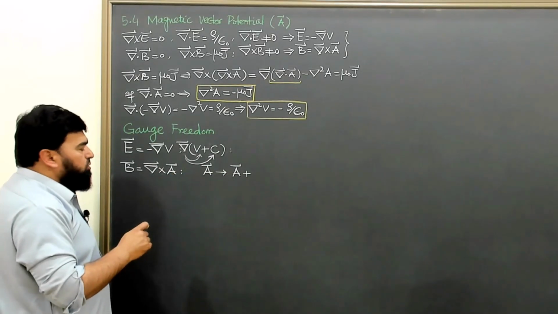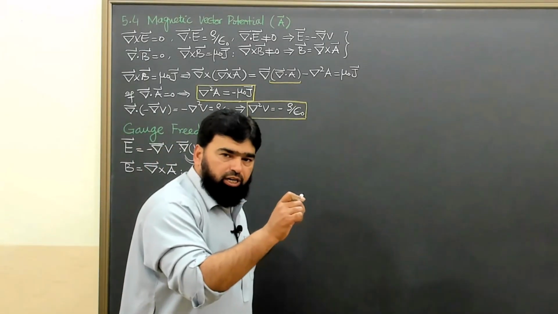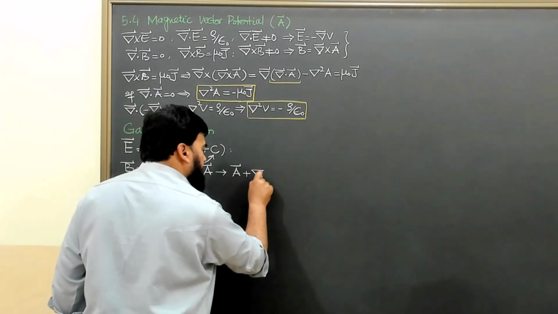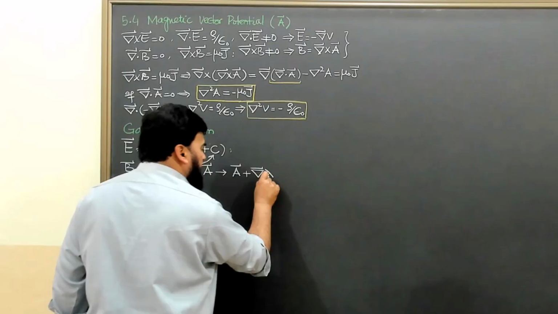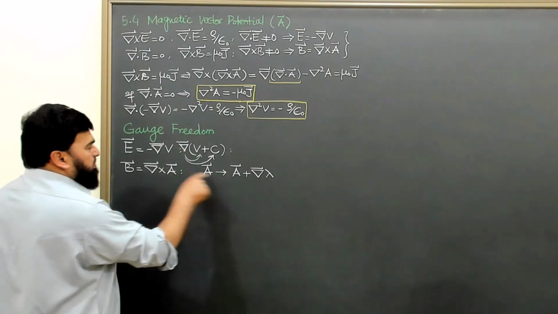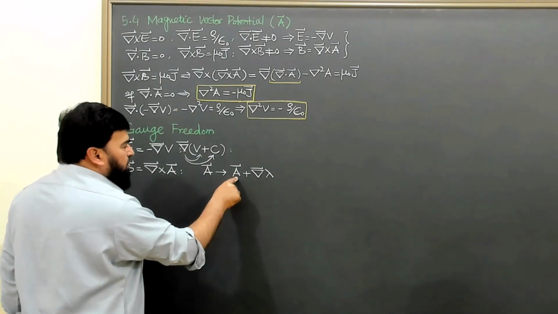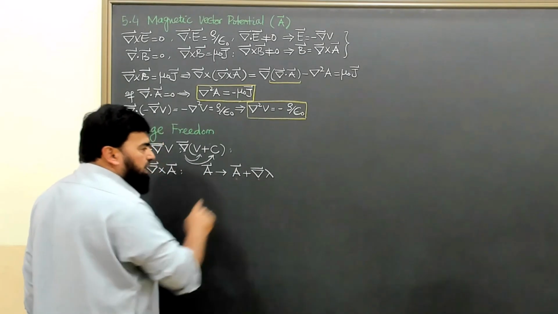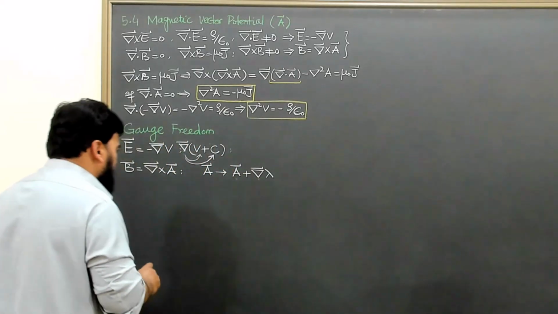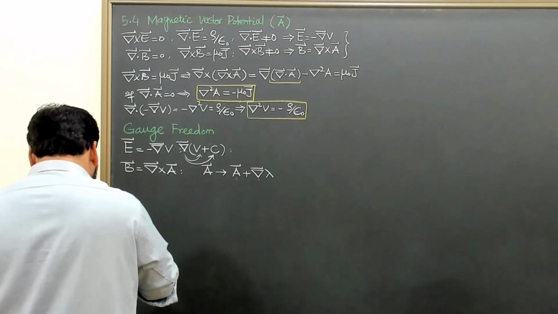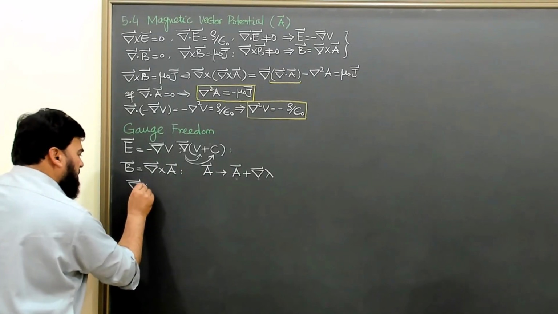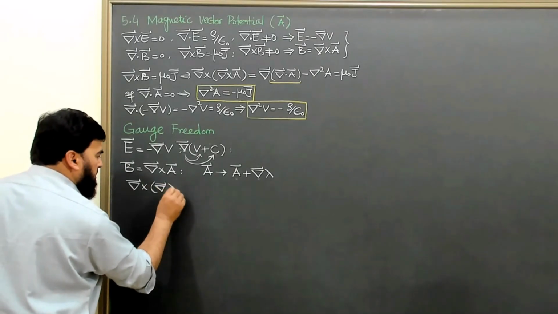I know that the curl of a gradient is 0. So if I write an additional term, gradient of lambda, then when curl is applied on this, the A term remains, while the curl of the gradient gives us 0.